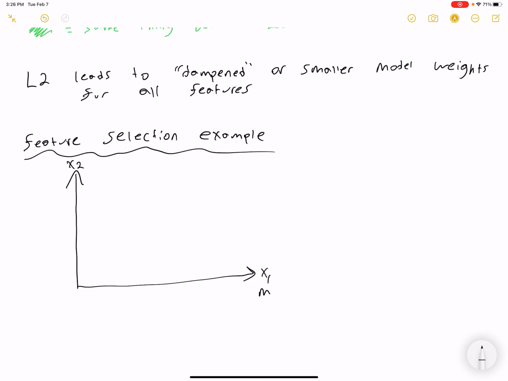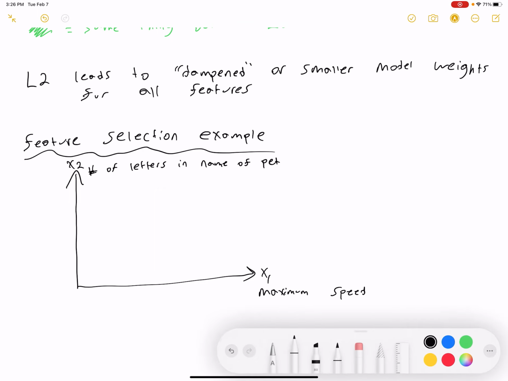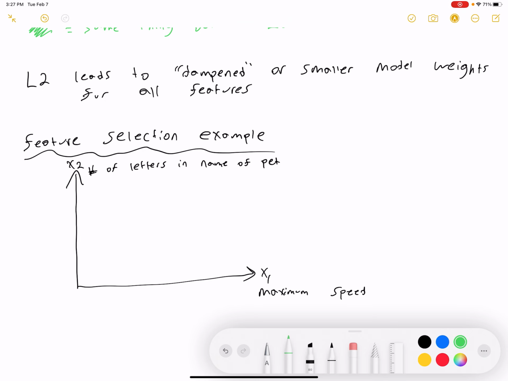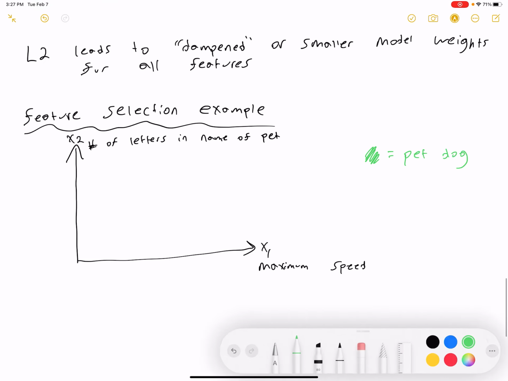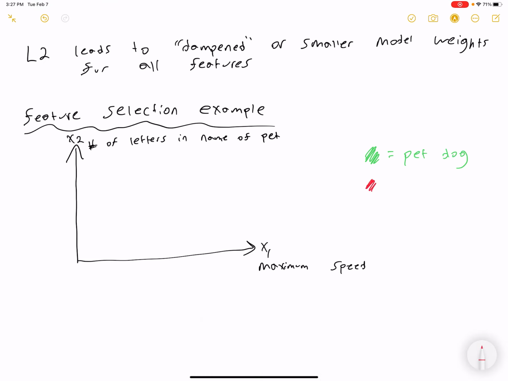So x1 is maximum speed. x2 is number of letters in name of the pet. So we're classifying pets specifically. And pet dog. And this represents a pet turtle.